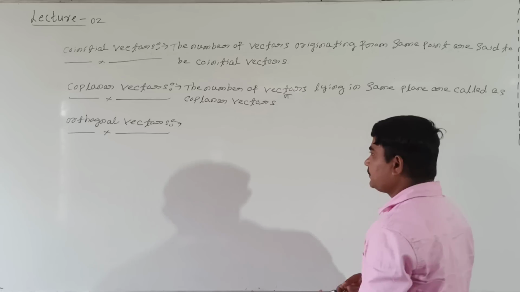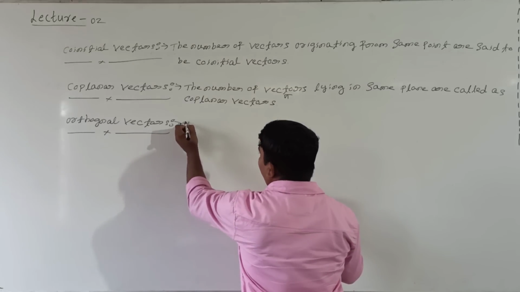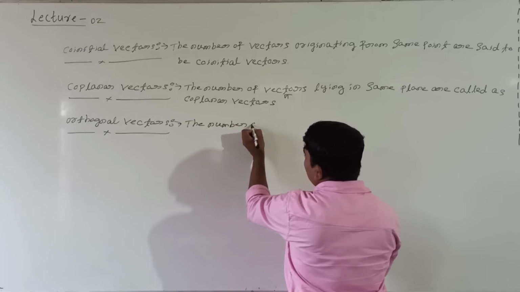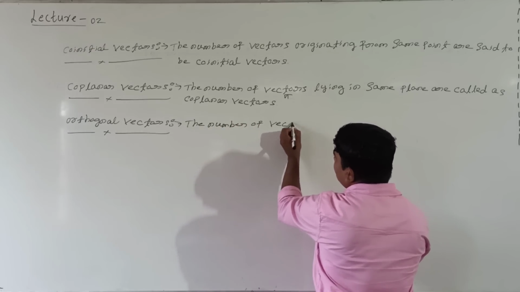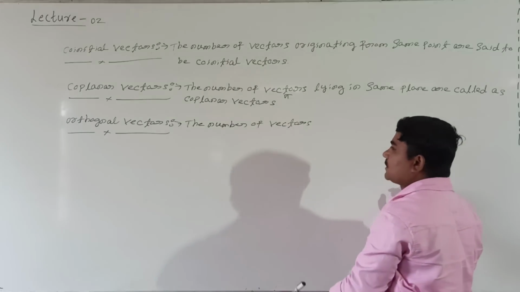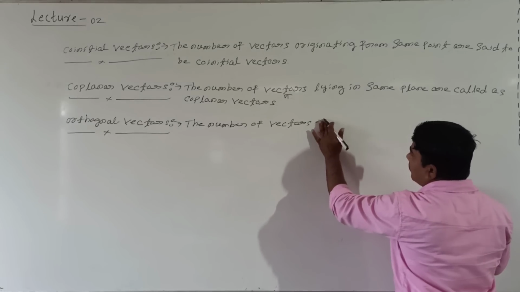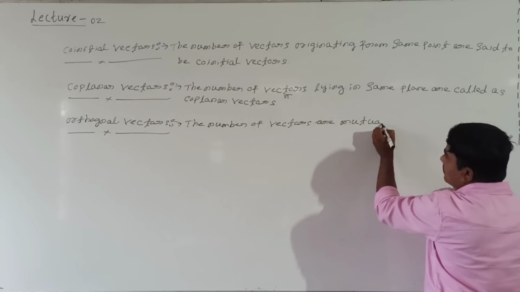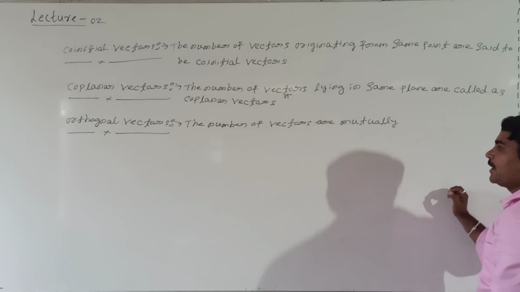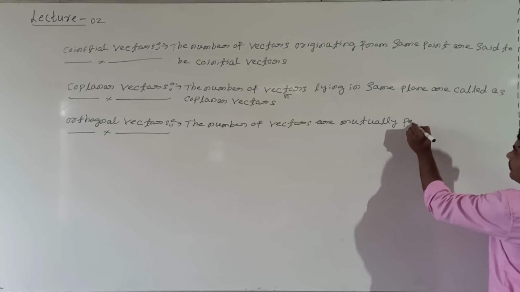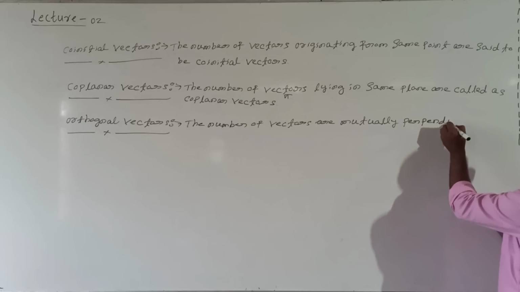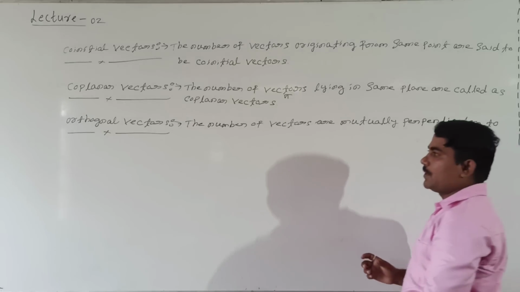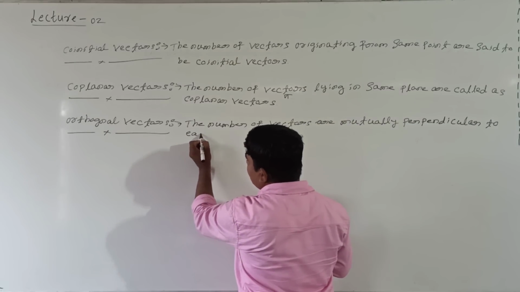Shall I write here directly? Orthogonal vectors: the number of vectors are mutually perpendicular to each other.